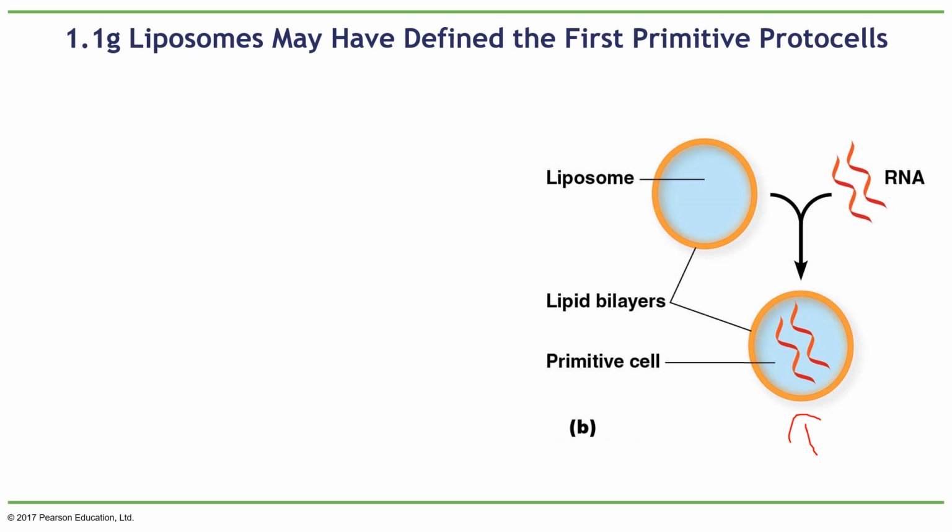Okay, so these liposomes that we will talk more about during the semester are important not only for the questions of the first primitive protocells, but also currently and for the future, to put some specific molecules or some specific RNAs inside of a cell. This will be key for curing many diseases.